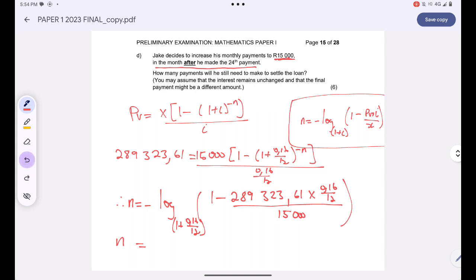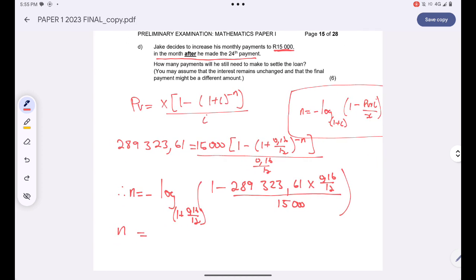So this, guys, will simply give me my final answer. I have negative log, the base is just 1 plus 0.16 divided by 12, and then the index, I simply have 1 minus, and then I can write my present value, 289,323.61 multiplied by 0.16 divided by 12, all over 15,000.